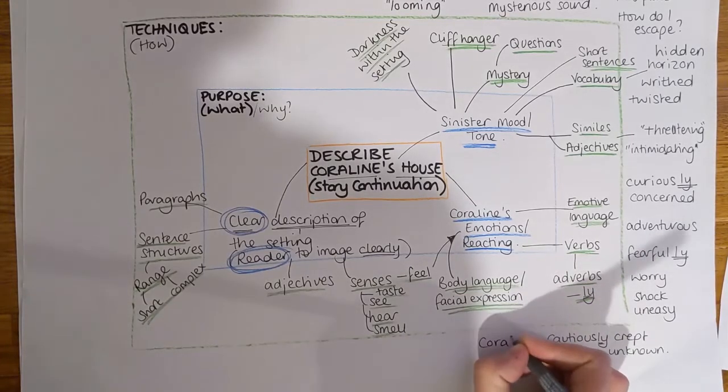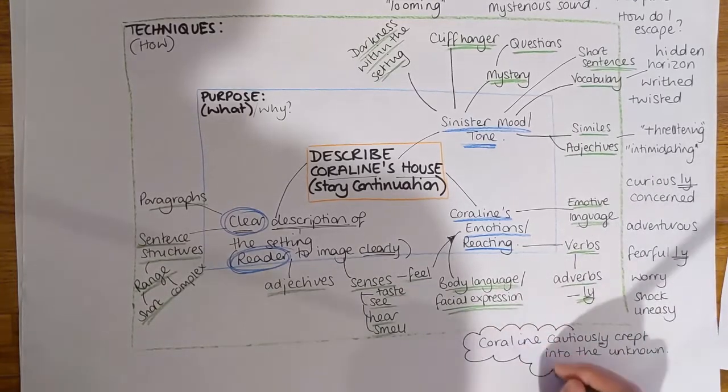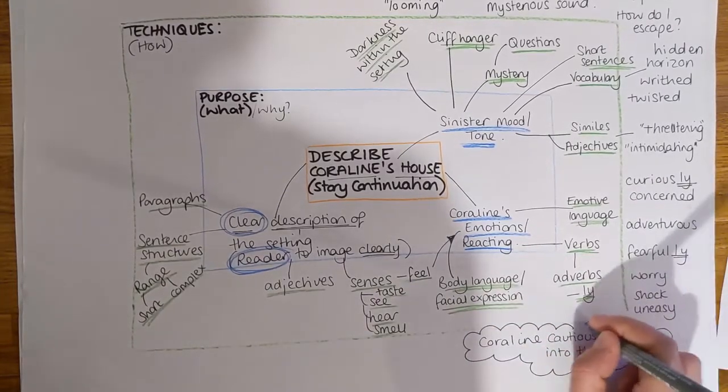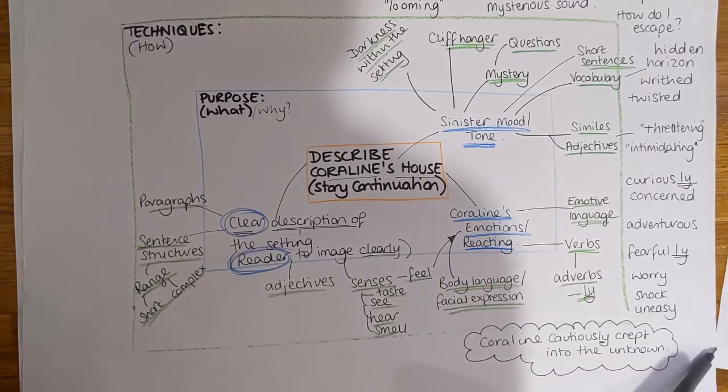If you just put Coraline at the start of it. So you might want to start with that kind of sentence. And again, lots of mystery in there, hinting at how she might be feeling, focusing on the main character still, all right, and setting us up into moving into the outside description. All right, so can you see how planning like this really helps you, actually, because that gave us that initial idea.